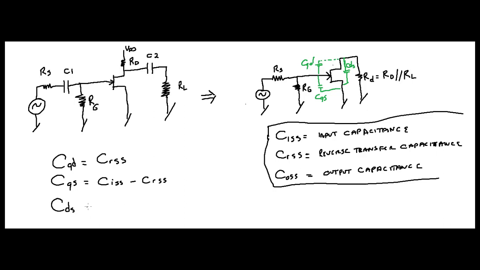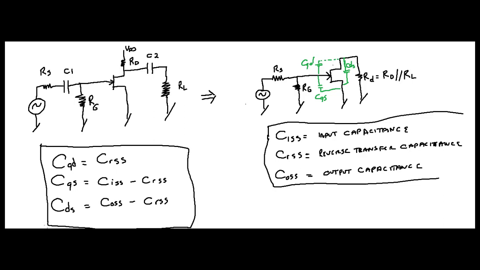Alright? And finally, capacitance of your drain source, CDS, that's going to equal COSS minus CRSS. Alright? These are the equations you need to know to calculate those capacitances that I wrote up here in green. Obviously these equations use these values which are given to you from a data sheet.